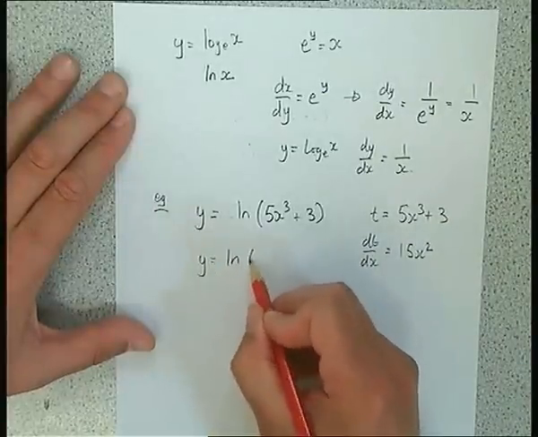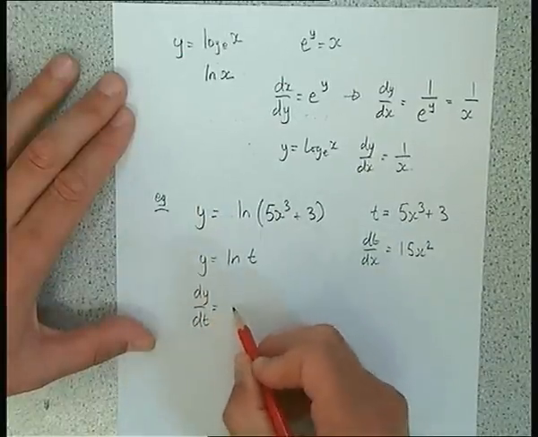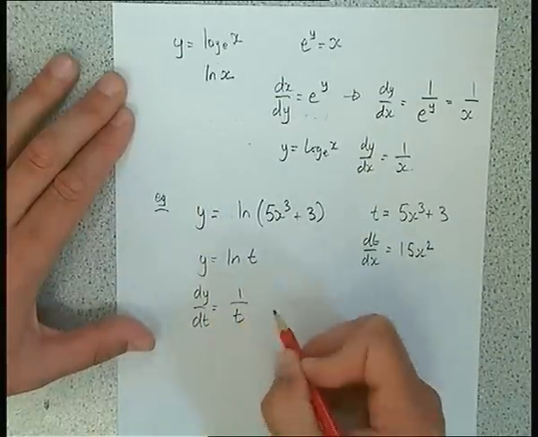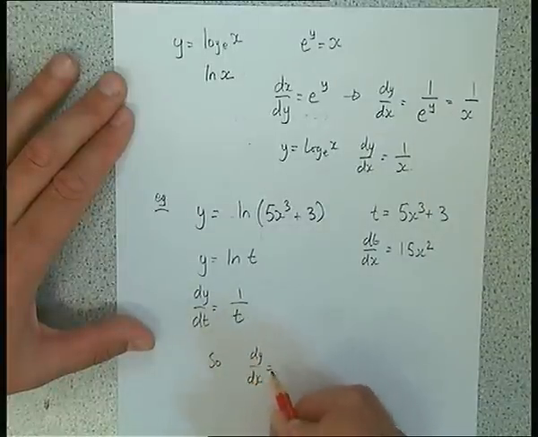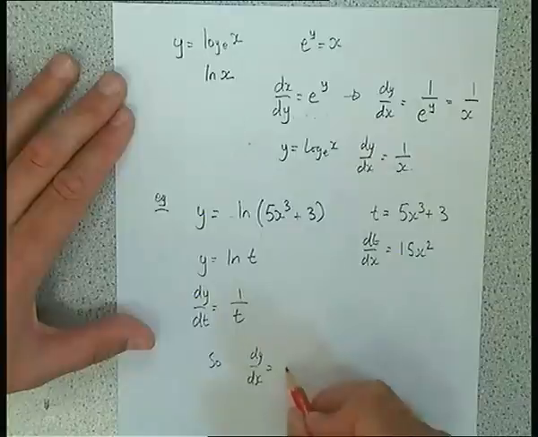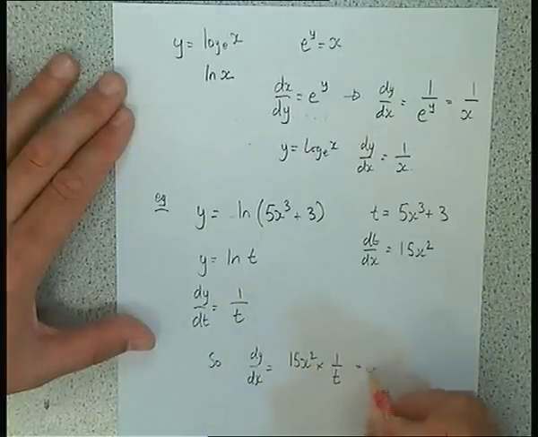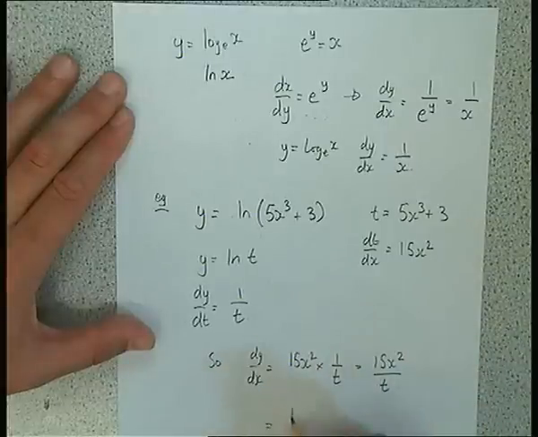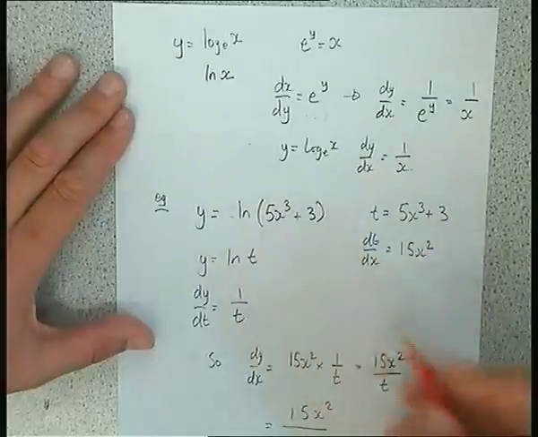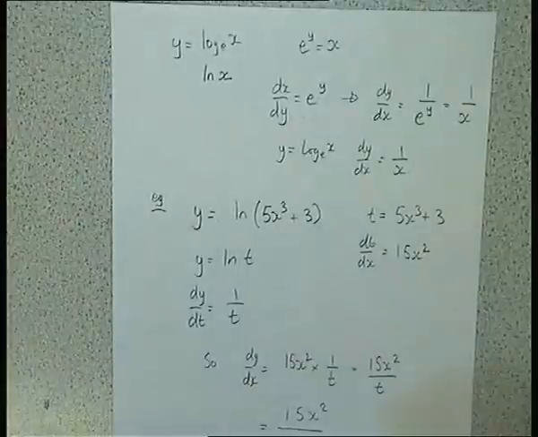Here y becomes log of t, therefore dy by dt is going to be 1 over t, and so dy by dx is these two multiplied together, so 15x squared times 1 over t, which is 15x squared over t. t in this case is 5x cubed plus 3, so it's 15x squared over 5x cubed plus 3.